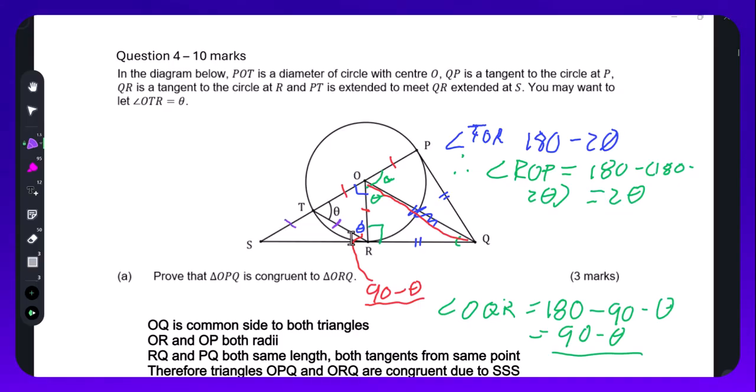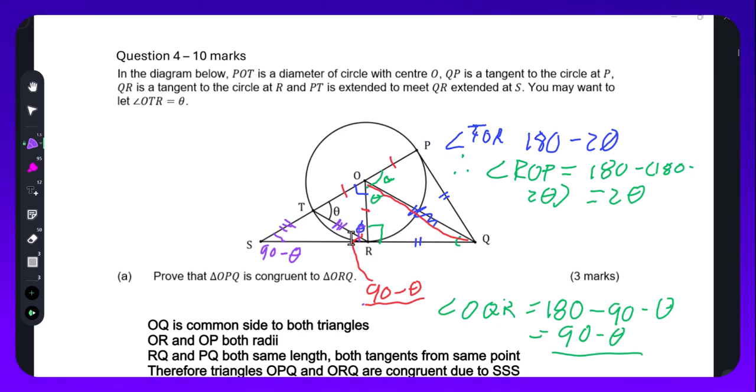Determine that triangle OTR is equilateral, and I'll put 3 lines for now. And I guess the way that you could do that is, this will mean that triangle TSR is isosceles. And given that we know that angle ORS in here is going to be 90 degrees, therefore we know that angle TRS is 90 take theta, which we've already got. And that also means that TSR is also going to be 90 take theta, because it's isosceles.